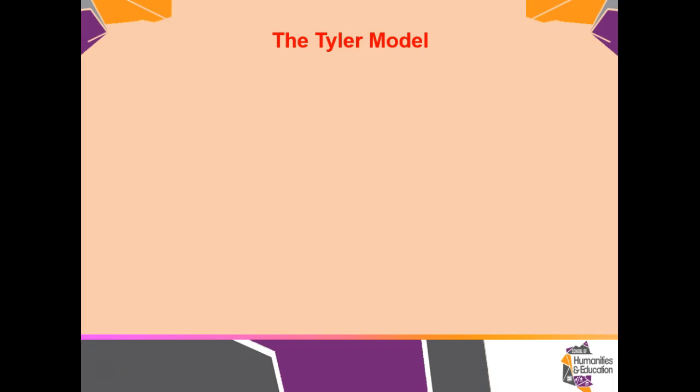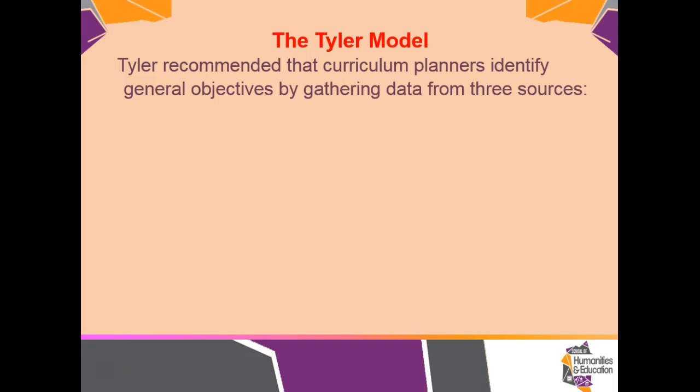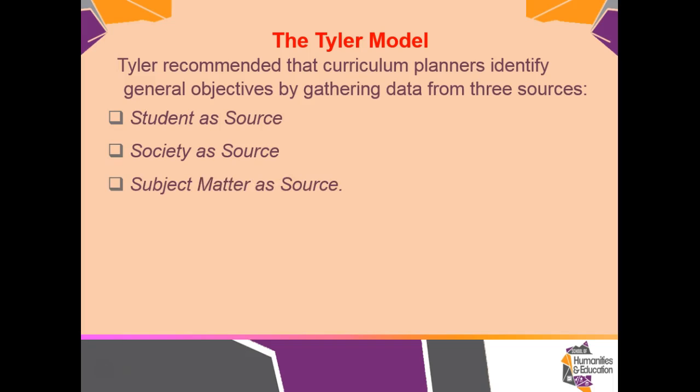We are going to look at 2 important models as we look at curriculum development. The first one is the Tyler model. Tyler recommended that curriculum planners identify general objectives by gathering data from 3 sources: the student as source, the society as source, and the subject matter as source.